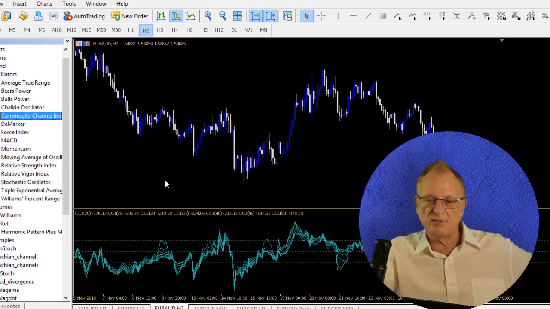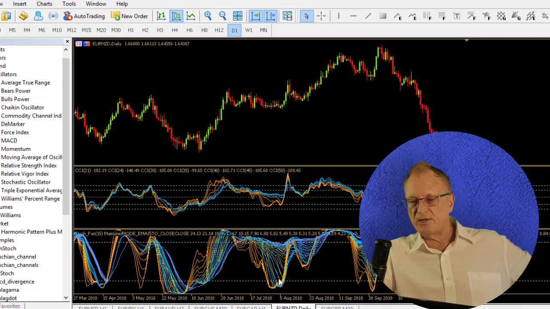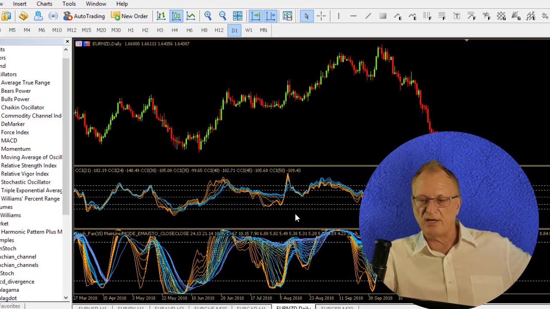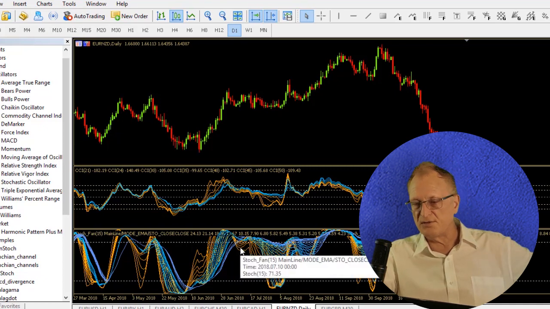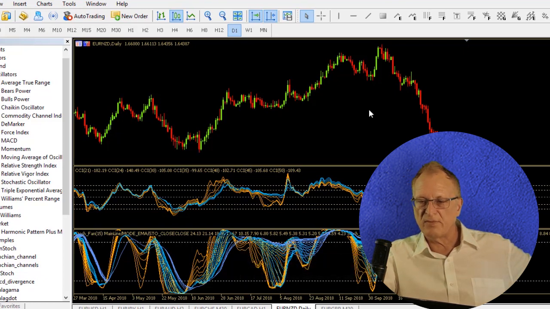Okay, so then I have 6 commodity channel index indicators in one channel on this chart. So you can see how quick and how easy that is. And here's an example of a chart that has multiple CCI as well as multiple instances of an indicator called the stochastics fan.